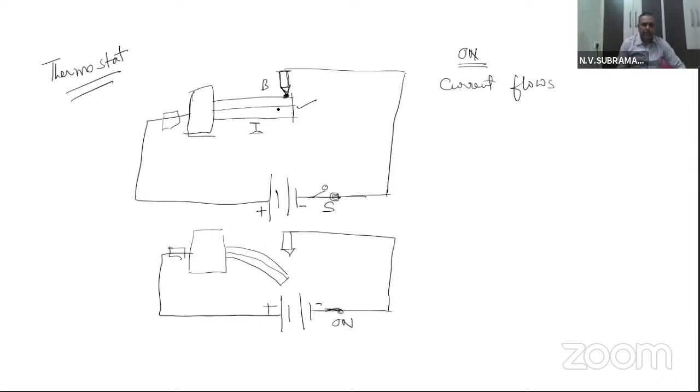Let us say this is the pointer. Whenever the bimetallic strip touches the pointer, current starts again. That means the red light will be on again. You might have seen this already in your home, the working of the electrical iron box.